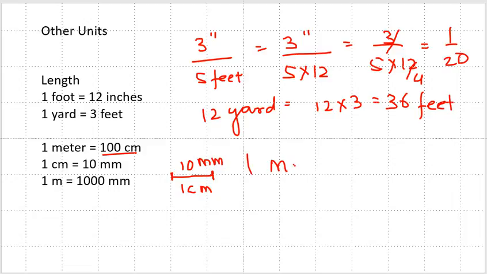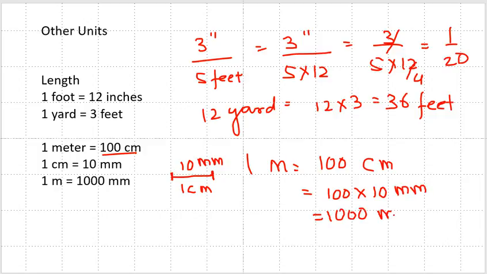So 1 meter equals 100 centimeters, and each centimeter is equal to 10 millimeters. So that is 100 times 10 millimeters, which is equal to 1000 millimeters. Milli means 1000.